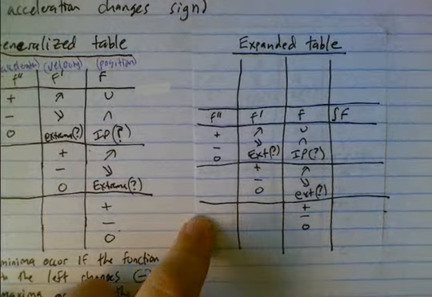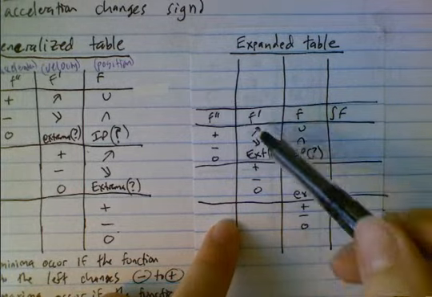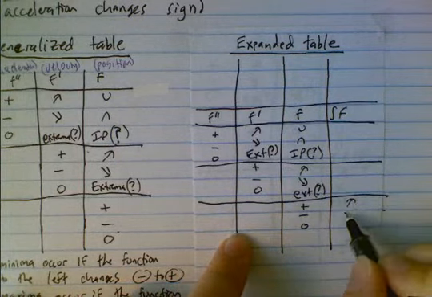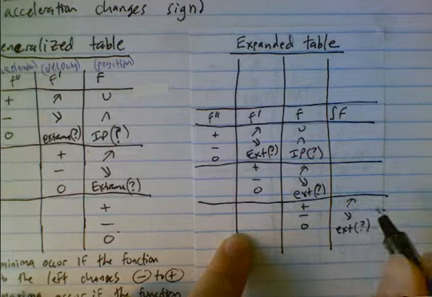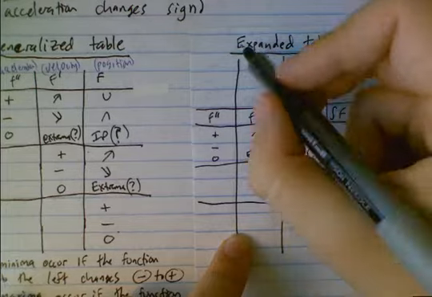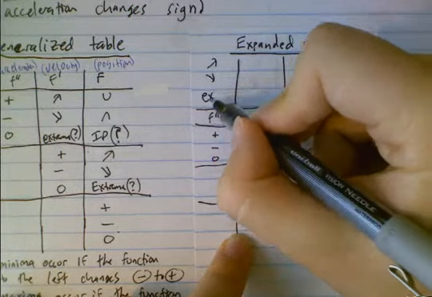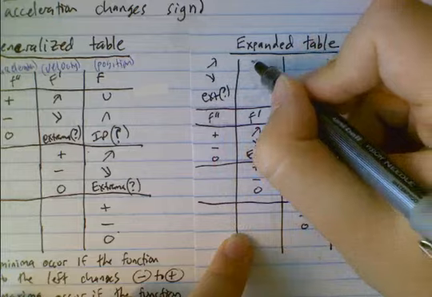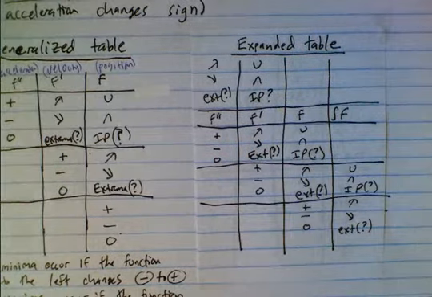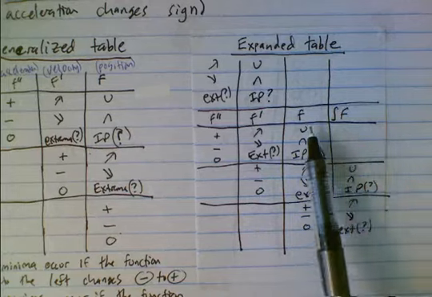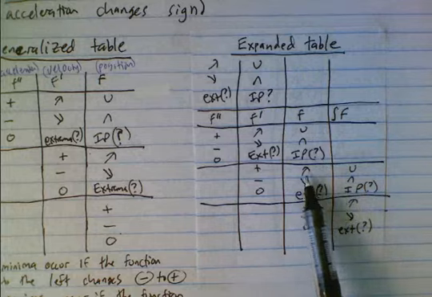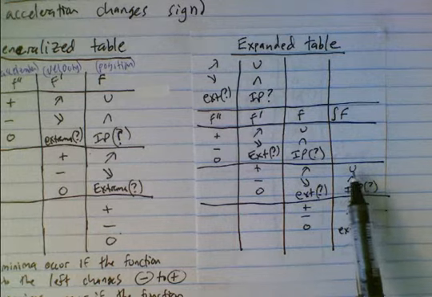But notice that we don't have to stop there. These diagonal patterns just continue. So what this means is that if we're asking about the integral or the antiderivative of f, and we know that f is an increasing function, then the antiderivative is going to be concave up.